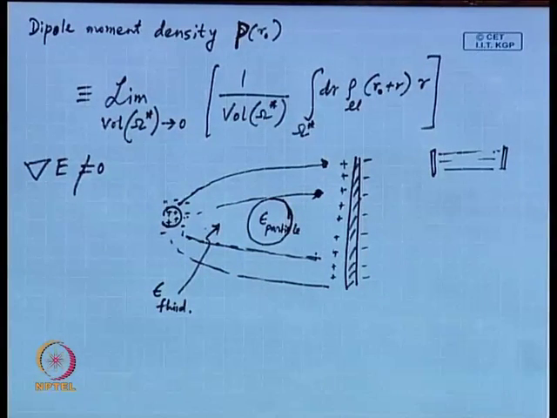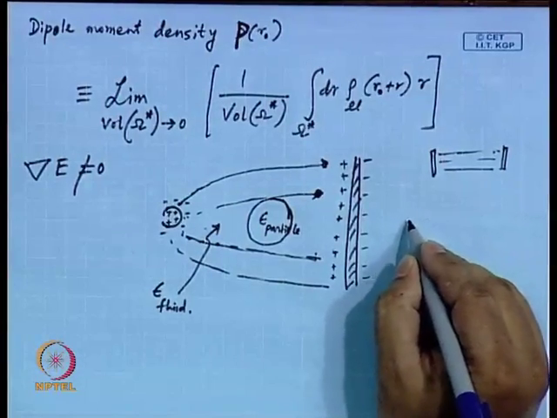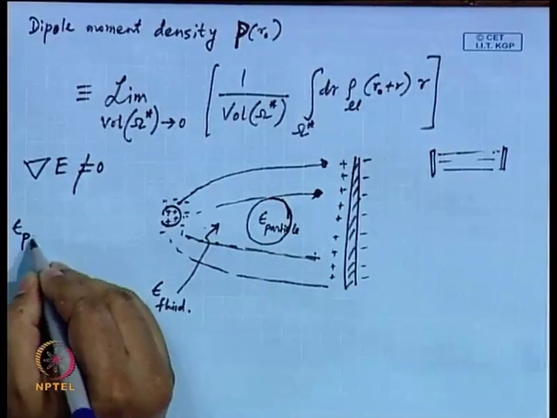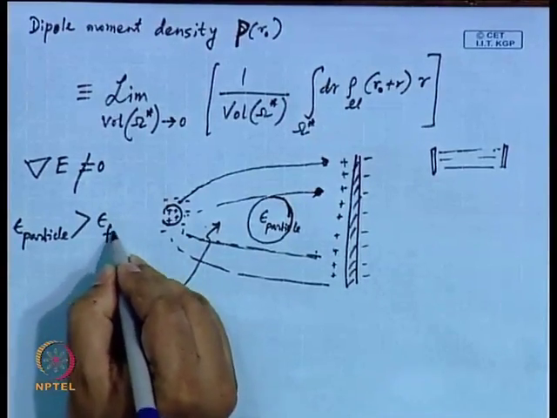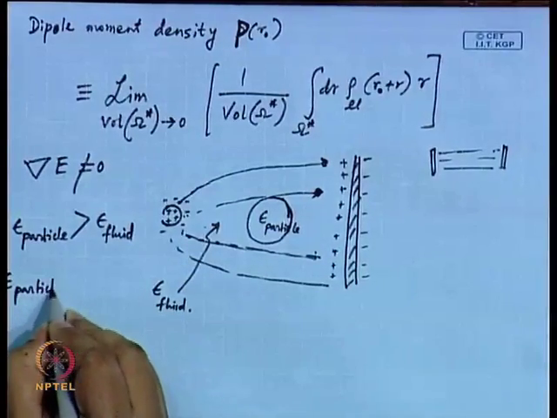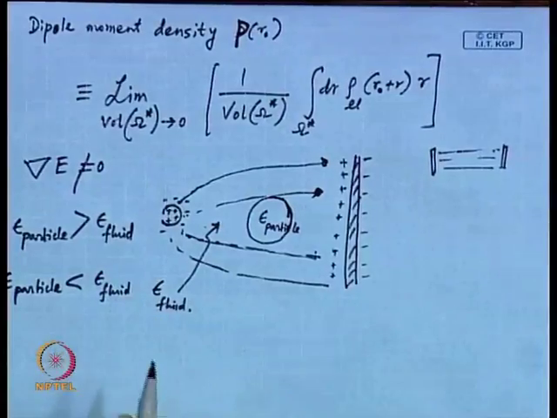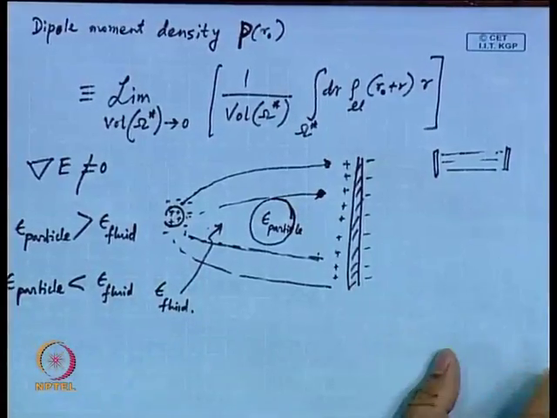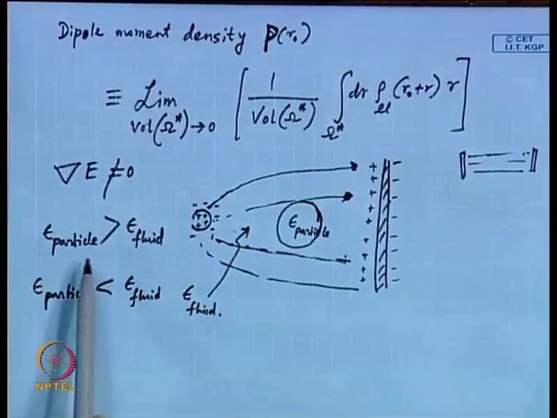There is one issue here. Either epsilon particle is more than epsilon fluid, or the other possibility is that epsilon particle is less than epsilon fluid. The dielectric constants for a particle and a fluid can be different, one can be larger than the other.